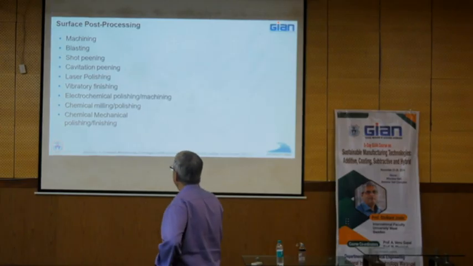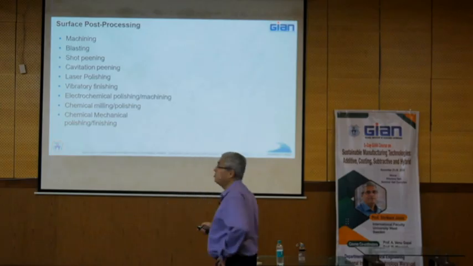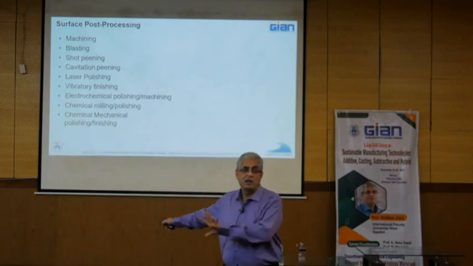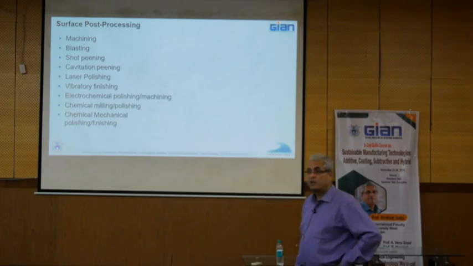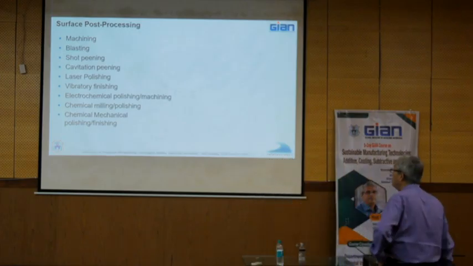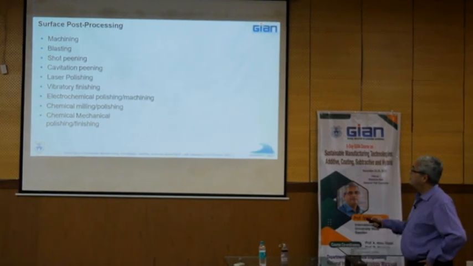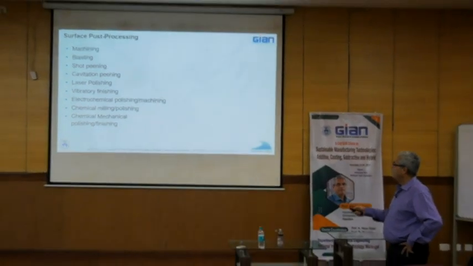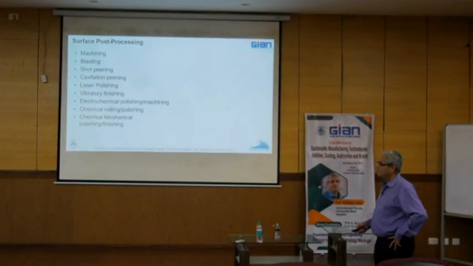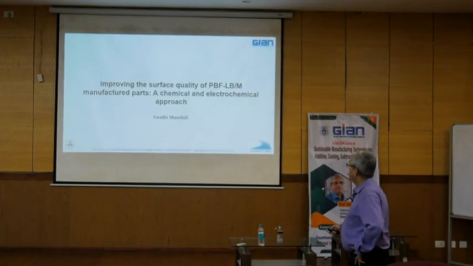I don't have a particular favorite among these, but you must know that all of these things are available for you if you want to post-treat an AM build part to change the surface attributes. Machining, blasting, shot peening, and we have investigated some of these. We have also done some work on burnishing, as I was saying.